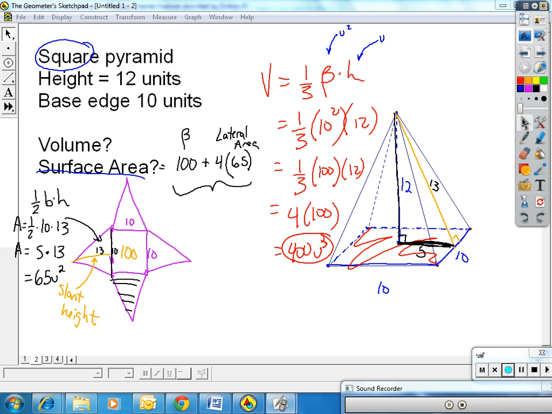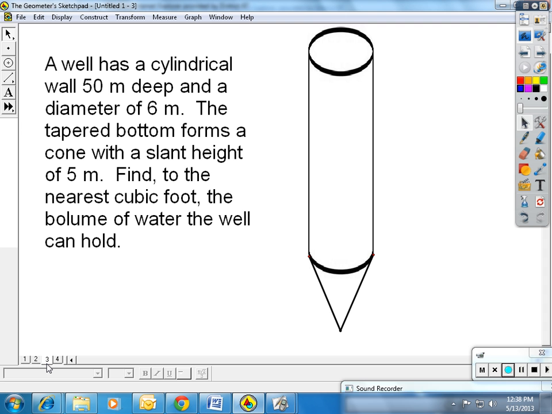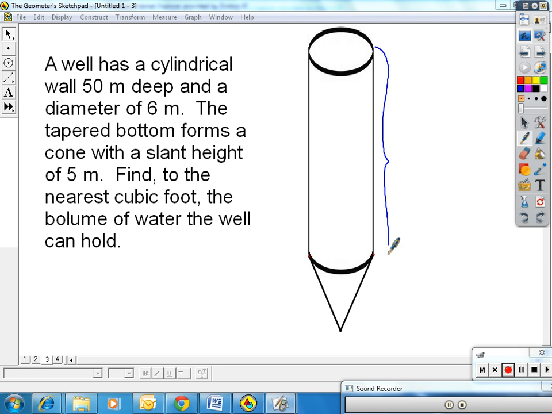Let's move on. Let's look at another example. A well has a cylindrical wall 50 meters deep. So this is a well, it holds water. So the wall of this cylinder is 50 meters, very deep, and a diameter of 6 meters.